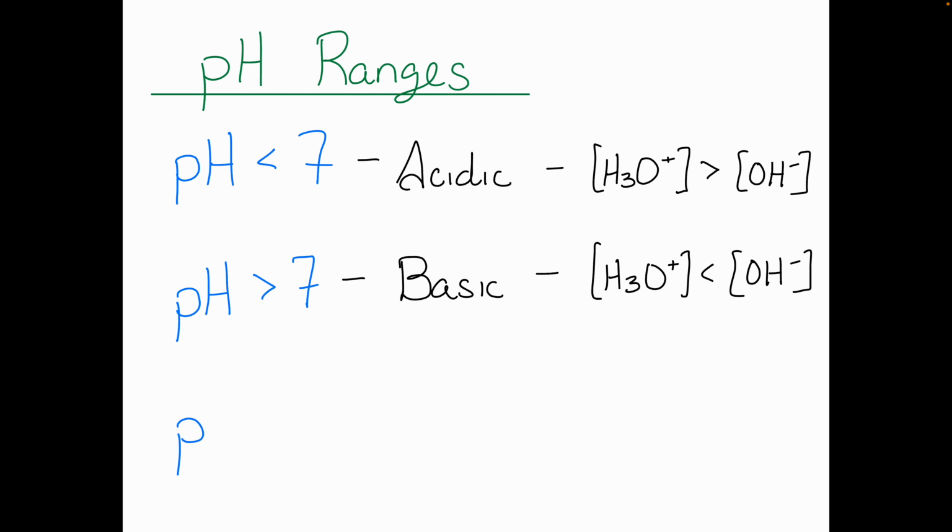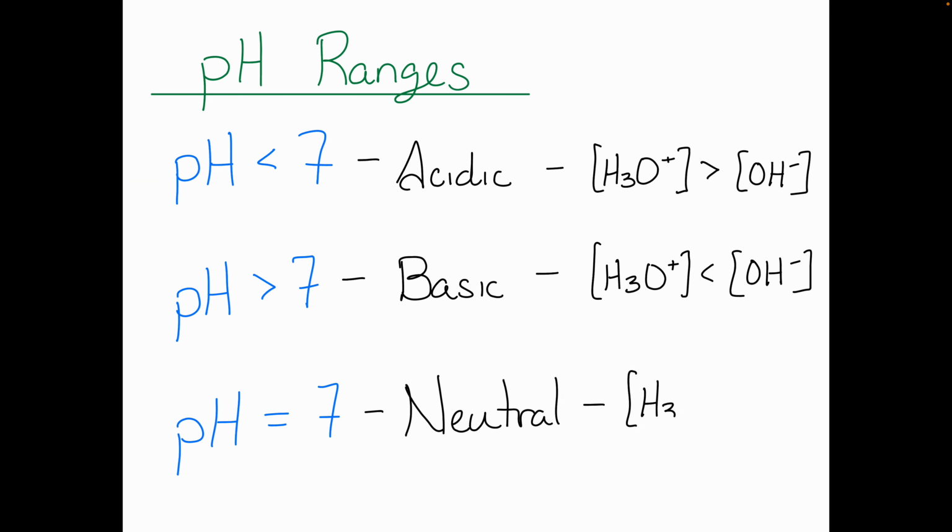And lastly, if your pH happens to fall exactly on 7, we call that solution neutral, which means that the concentration of hydronium is equal to the concentration of hydroxide. Cool.